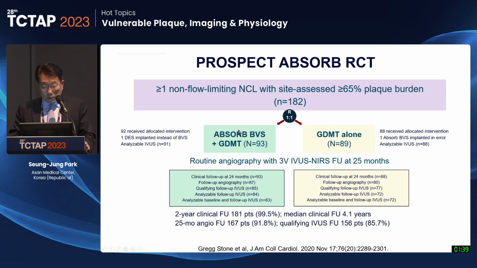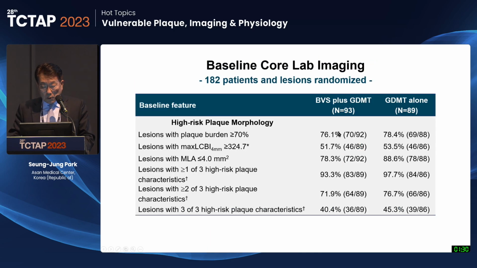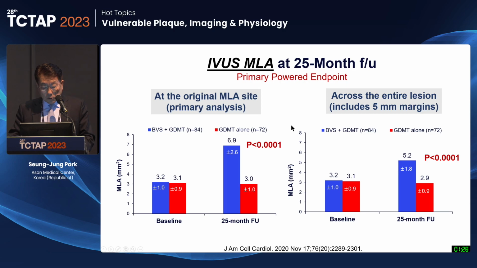The prospective observational study has a very small number. The only data is PCI for the vulnerable plaque versus medical treatment. Clinical characteristics are the same, and the IVUS primary endpoint, minimal lumen area, is clearly bigger in the stent group.